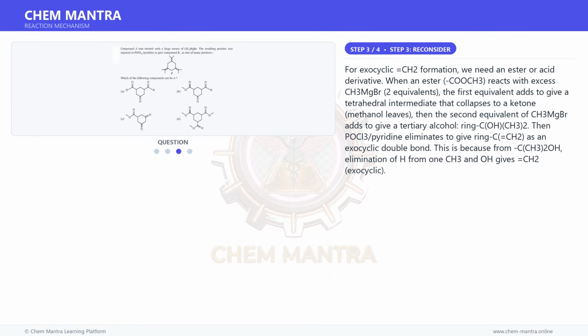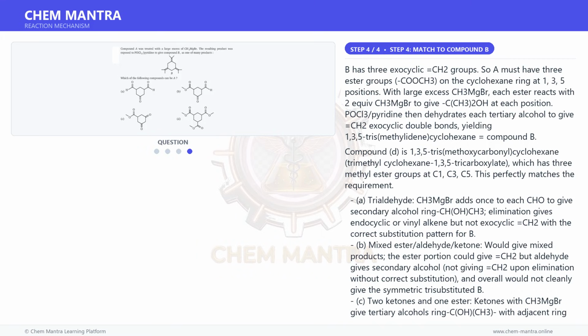Then POCl3-pyridine eliminates to give ring C(CH3)=CH2 as an exocyclic double bond. This is because from C(CH3)2OH, elimination of H from one CH3 and OH gives =CH2, exocyclic. And for the final step, B has 3 exocyclic =CH2 groups.